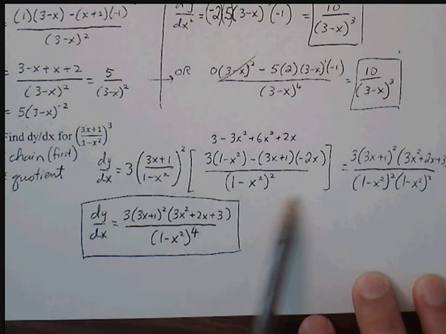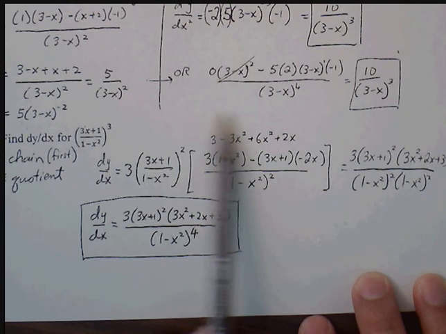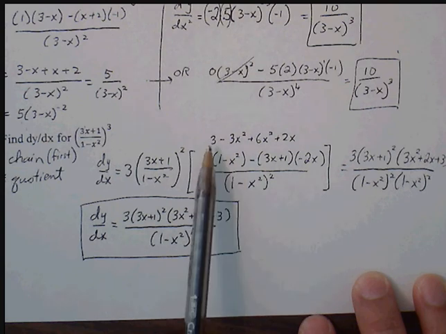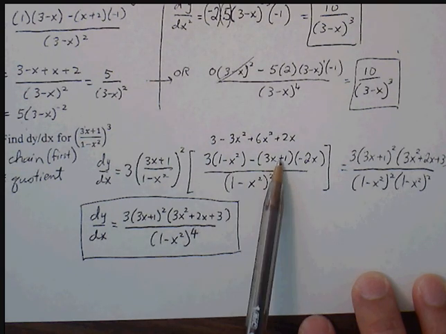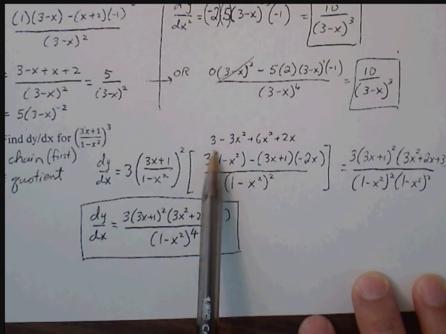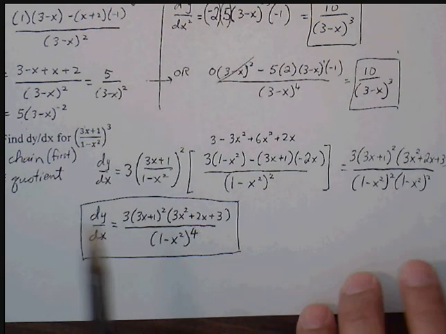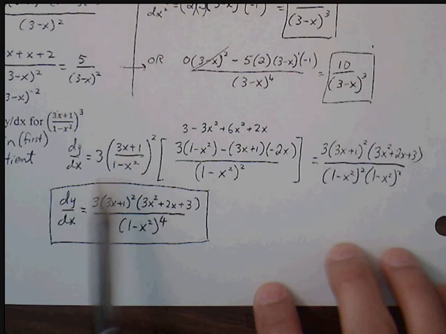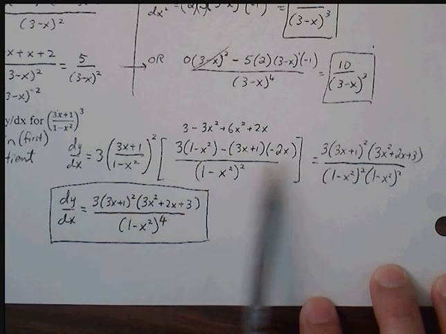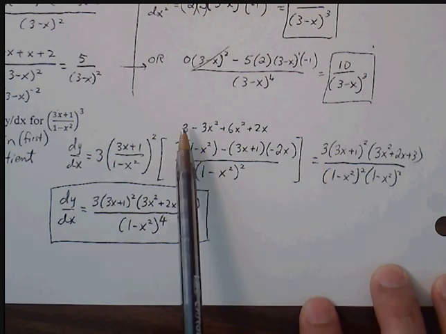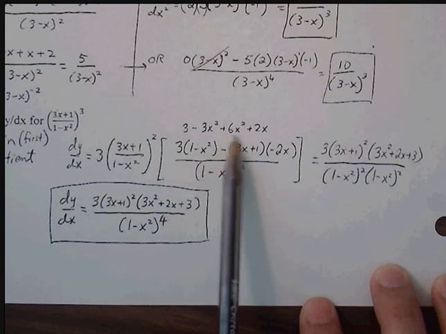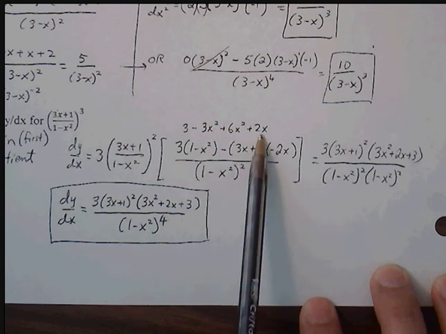All right, so now this whole mess is the derivative. We just have to work to clean this up. So if I distribute the 3 through, distribute the negative 2x through, I'll get 3 minus 3x squared plus 6x squared plus 2x. And then if I clean up this expression further, I'll get 3x squared plus 2x plus 3.